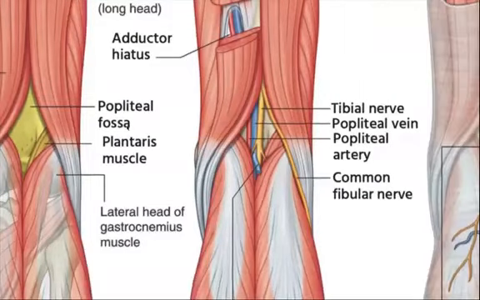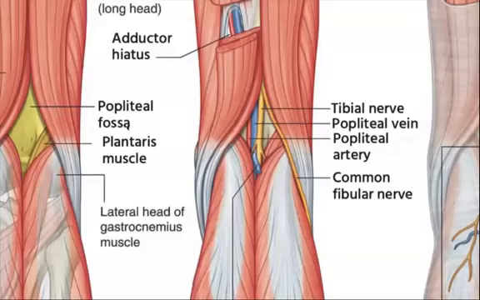What are the contents of the popliteal fossa? This is again very easy. You can say from superficial to deep. The most superficial one will be your common peroneal nerve, or you can say the common fibular nerve.